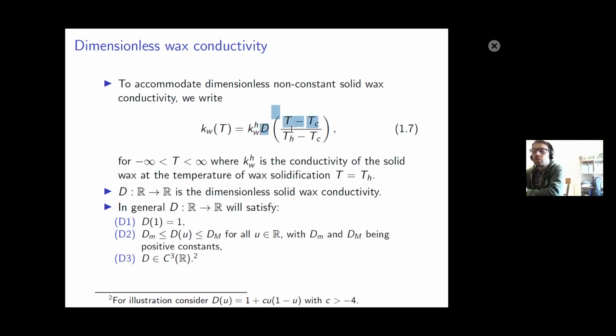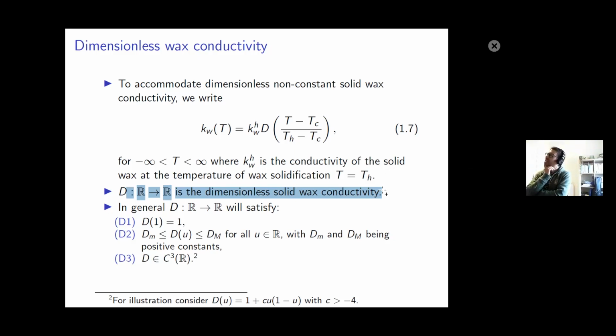And then we introduce this function D, essentially to replace this KW here. And D here is just a function of a real variable. Now, to perform any meaningful analysis here, we need to impose some regularity on the function D. So D here is our dimensionless solid wax conductivity.